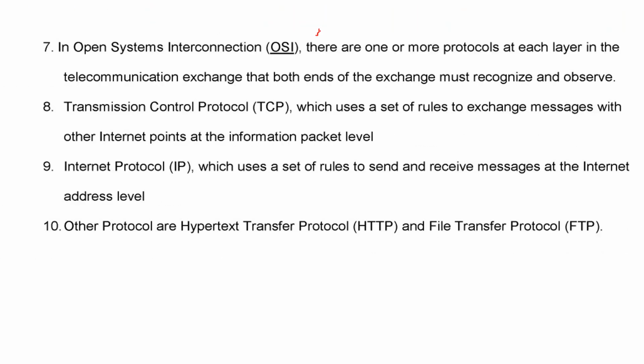In the OSI, Open System Interconnection, there are one or more protocols at each layer in the telecommunication exchange. So we have the application layer, presentation layer, and so on till the physical layer. All these layers follow certain rules of exchanging data.